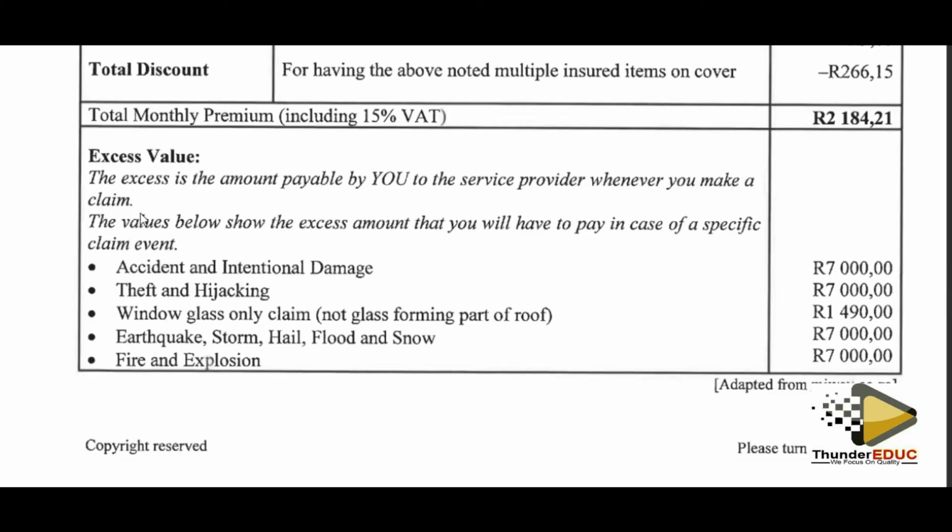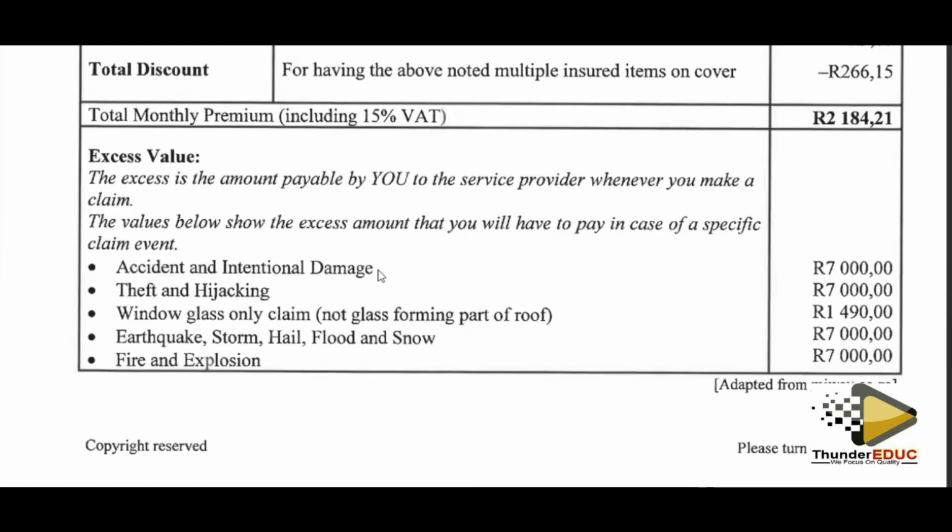Simply meaning, for them to release the money you're claiming for, you need to first put in some money. They will deduct this amount, and this one will be topped up by you. The values below show the excess amount that you will have to pay in case of a specific claim event. That's what they're trying to say.